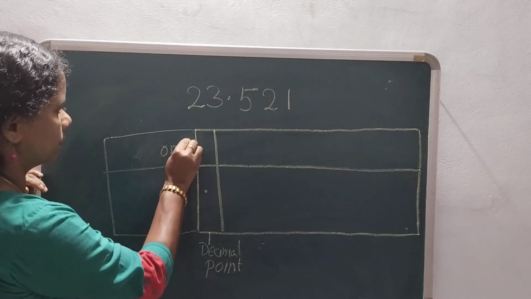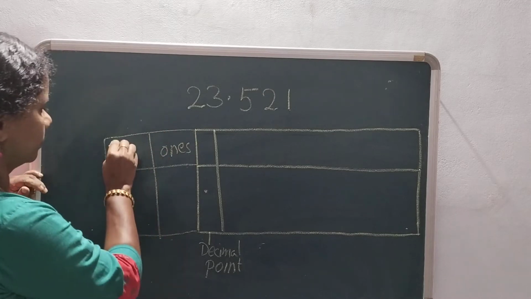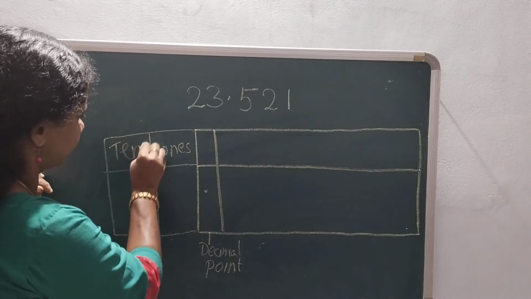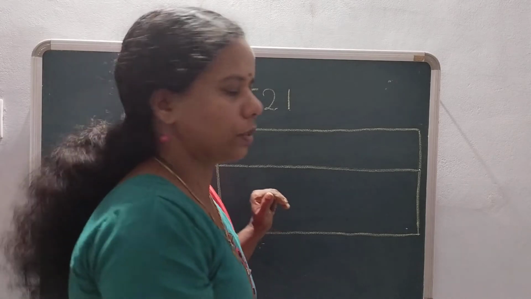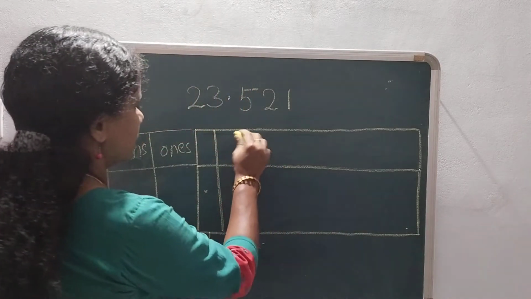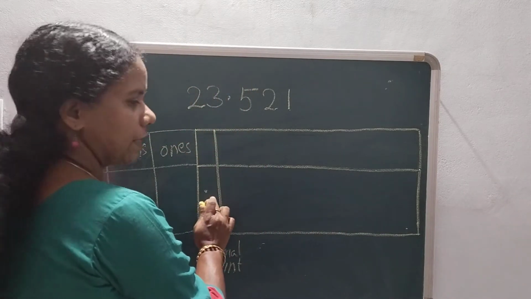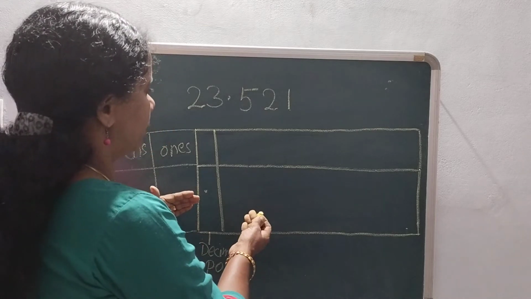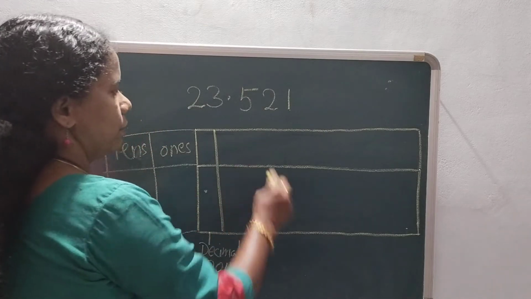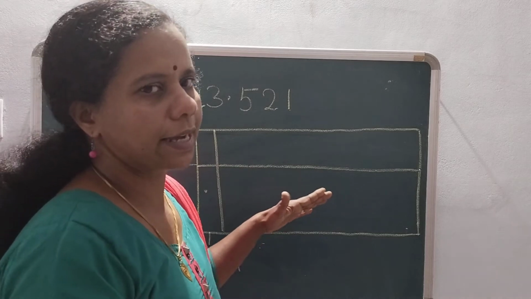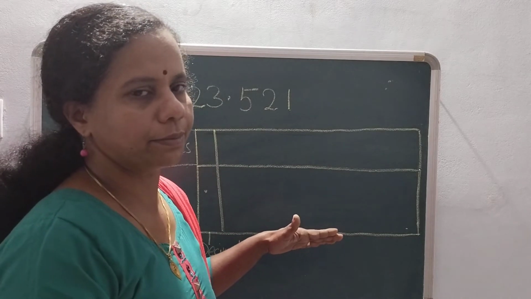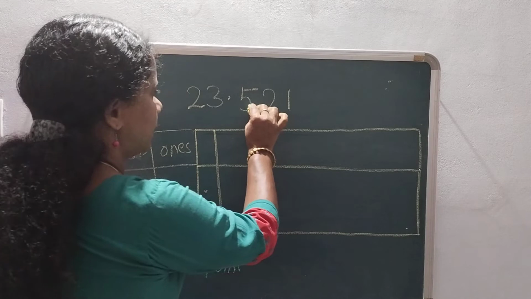Ones, then tens, that we know, isn't it? Now after the ones we put the decimal point, then after the decimal point what happens? The place value is getting decreased as we are moving to the right side. This is tenths.